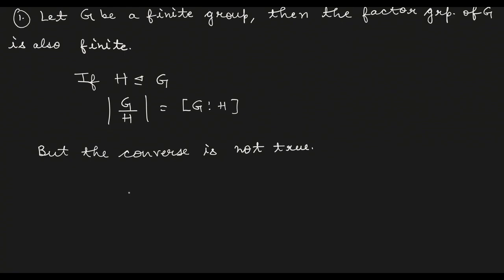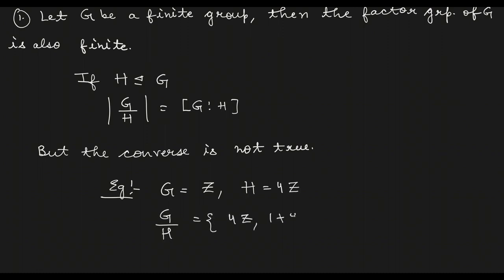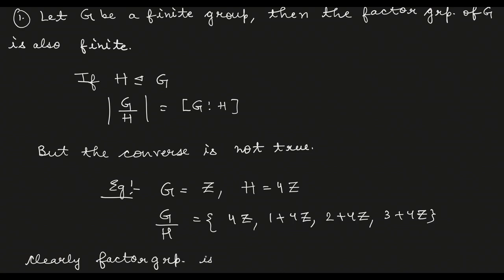If I take group G as Z and H as 4Z, then G by H is 4Z, 1 plus 4Z, 2 plus 4Z, 3 plus 4Z. So clearly the factor group is finite, but the group is infinite.